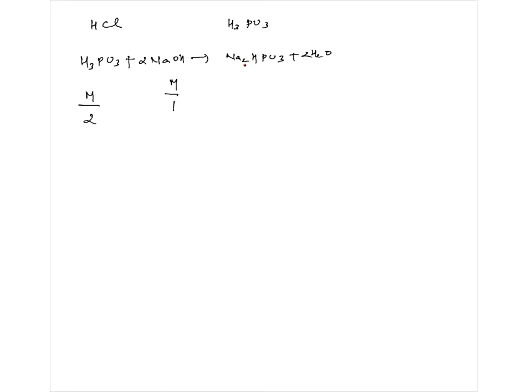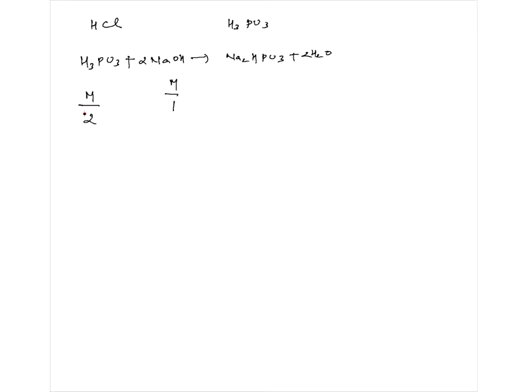Total hydrogens don't matter. It is the replaceable hydrogens that matter. So when you are calculating equivalent weight for H3PO3, looking at this reaction, you will take it as m by 2, not m by 3.